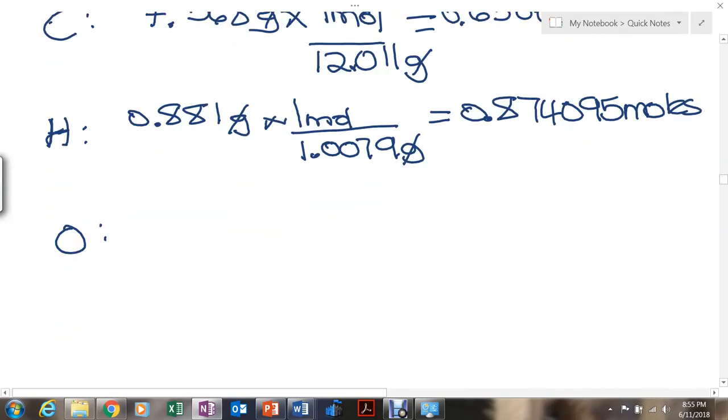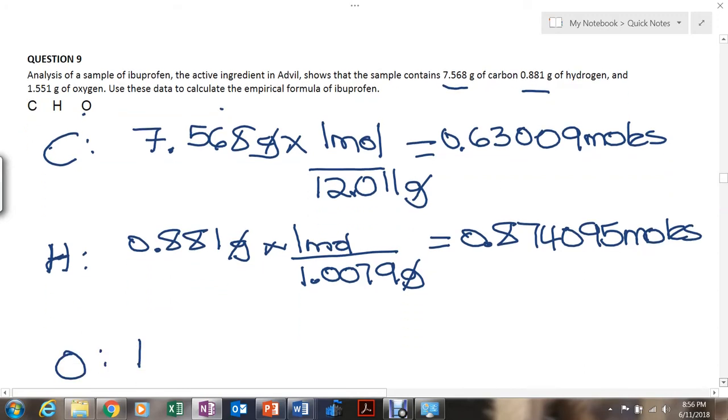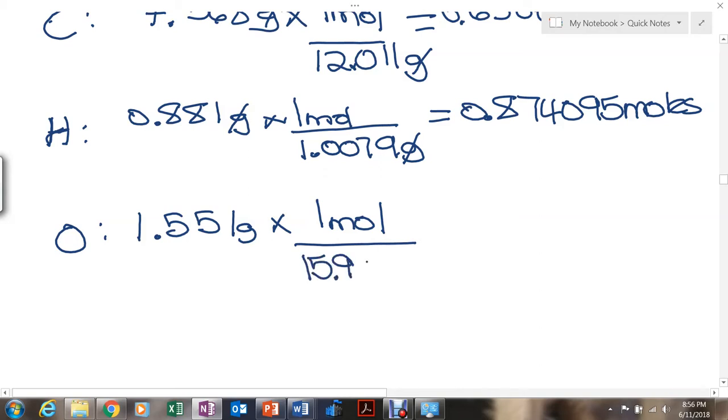And for oxygen, you have 1.551 grams. Of course, the grams go on the bottom, so it's 15.9994 grams.